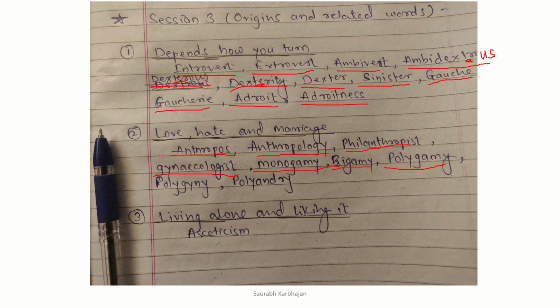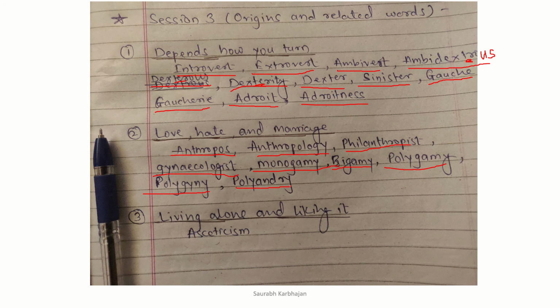And also, there are other terms which are rarely used. The terms are polygyny and polyandry. Poly means many and gyne means woman.